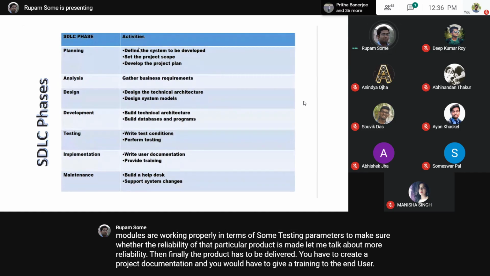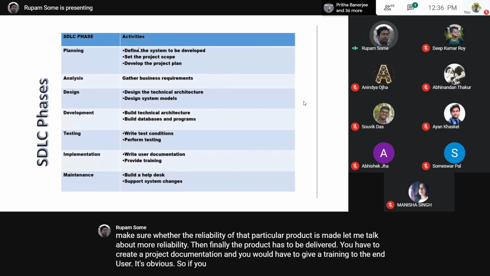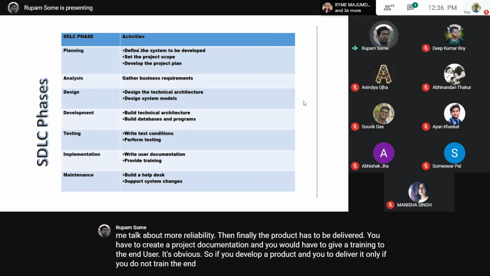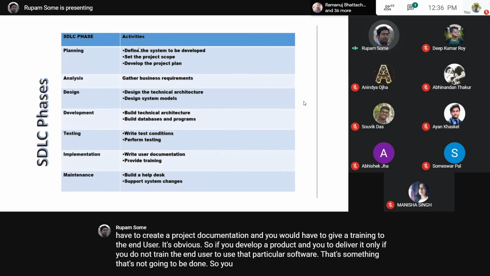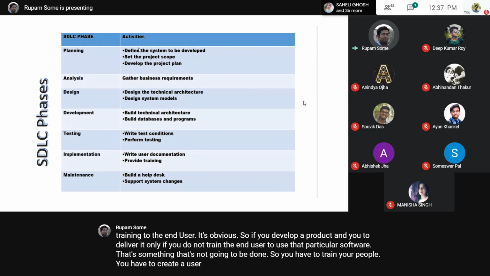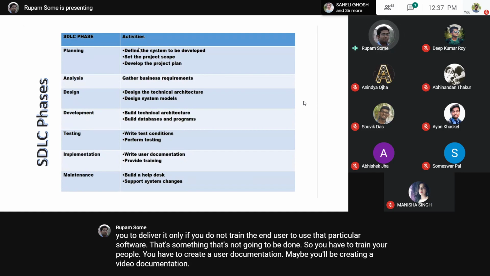It's obvious. If you develop a product and deliver it, but do not train the end user to use that software, that's not going to work. So you have to train your people and create a user documentation. Maybe you will be creating a video documentation. That one is a modernized version of making documentation that is much easier to do.